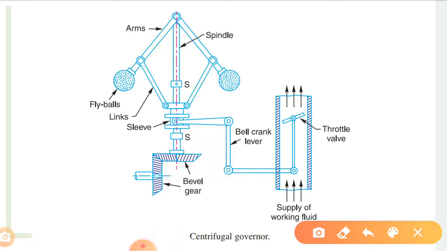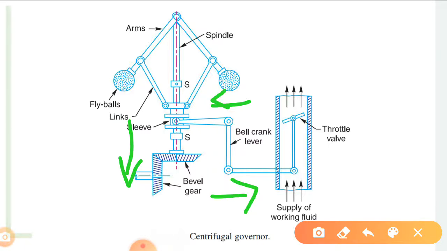Due to this, the fly balls move towards the axis of the spindle. This causes the downward movement of the sleeve, which is attached to the bell crank lever. Due to the displacement of the bell crank lever, this throttle valve opens, and it allows maximum fuel supply.